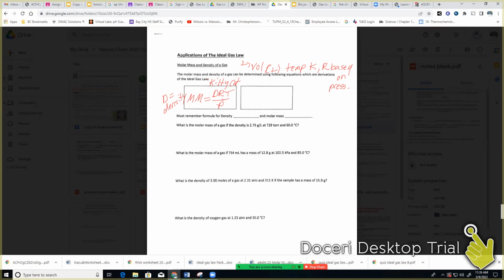The other one we're looking at is density, and it's just this rearranged. That's going to be molar mass times pressure divided by my R and my T. All right, we haven't done density in a while. Density is mass divided by volume.